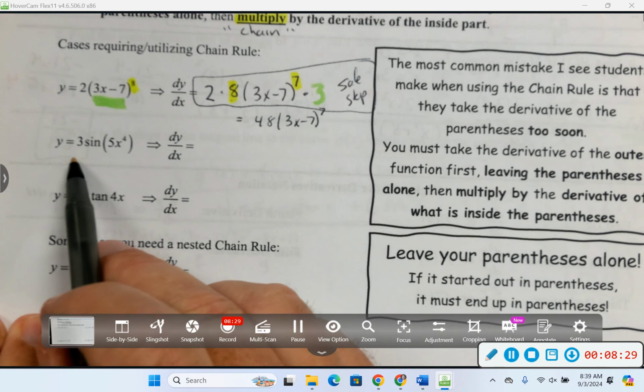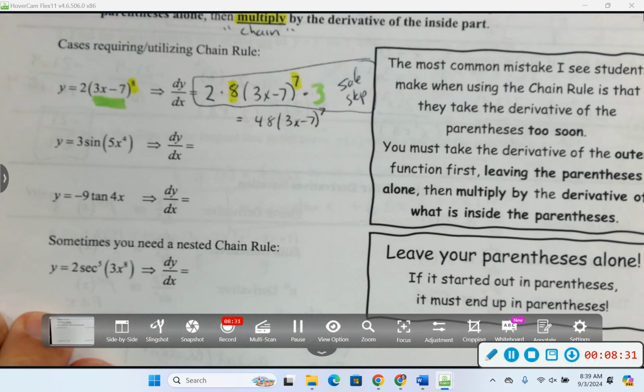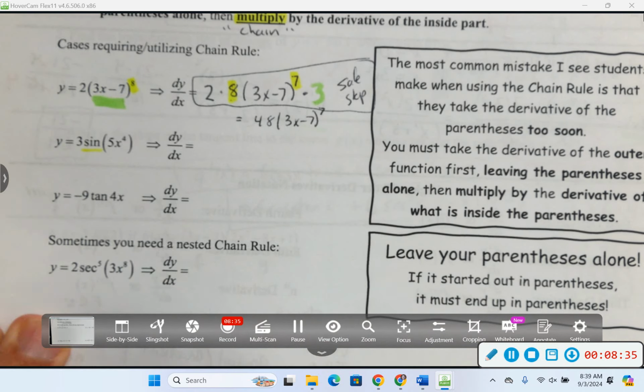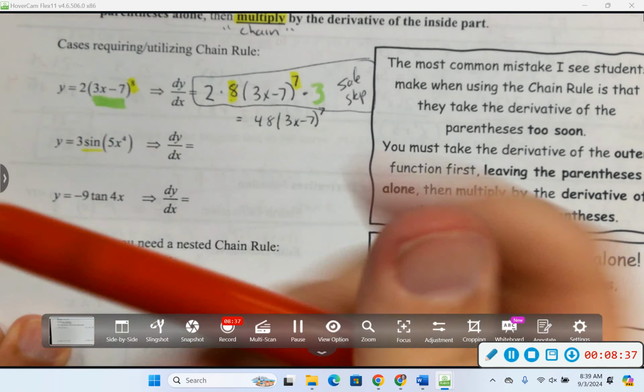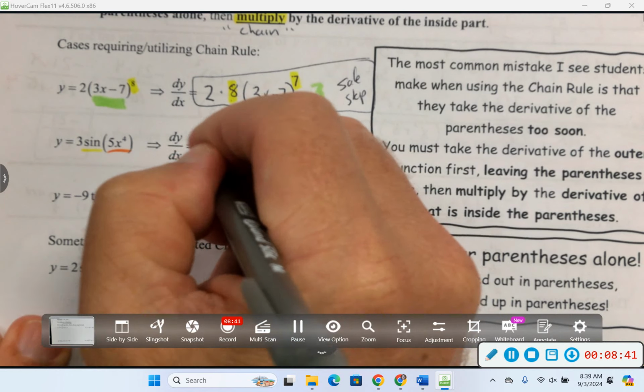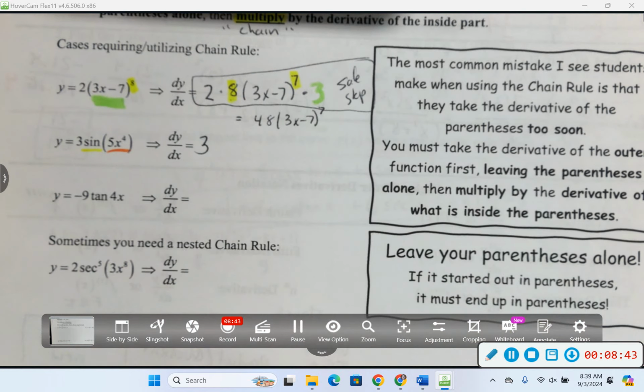All right, this second example. So I've got to do the derivative of sine, and I need to do the derivative of 5x to the 4th. Okay, the 3 is still there. Which is the outermost candy here, or the outermost thing? Which of the functions, the sine or the 5x to the 4th? The sine. So let's do that derivative.